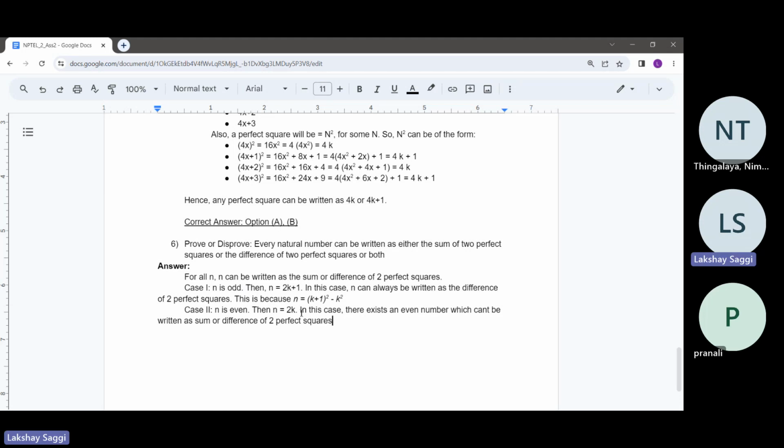Even though we were able to prove this when n was odd, for when n is even, we won't be able to prove this. We can find an example where we won't be able to prove this.